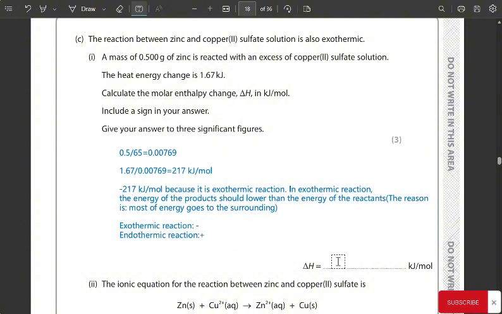That's why we write minus 217 kilojoules per mole.